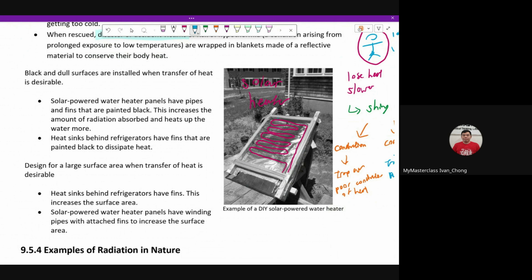And if you notice the back, these are all shiny surfaces so that they will absorb less heat from the sun, and they'll reflect it towards the black pipes. So your black pipes will absorb more heat from this reflection as well. Because of that, the water inside this heater will become quite hot inside these pipes over here.